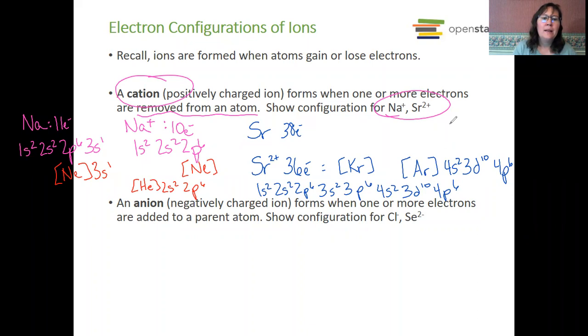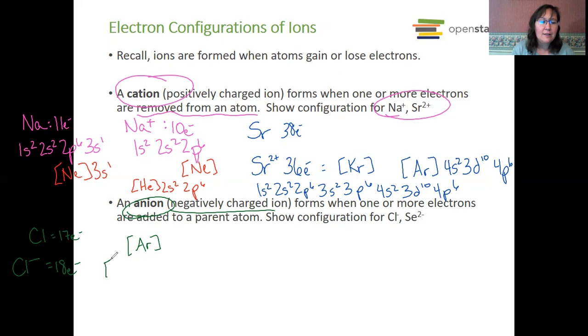Okay. Now let's look at our anions. An anion, remember, is negatively charged and it has gained electrons. So first of all, I showed chlorine before. Chlorine has 17 electrons. Okay, and chloride has 18 electrons. And again, because I think it makes it a little easier to see, chloride looks just like argon, and that helps us identify where we are.